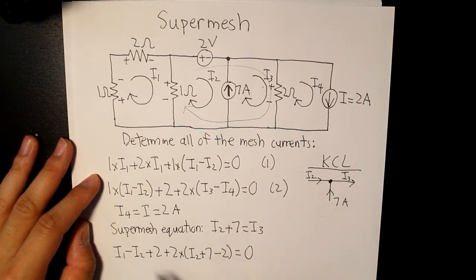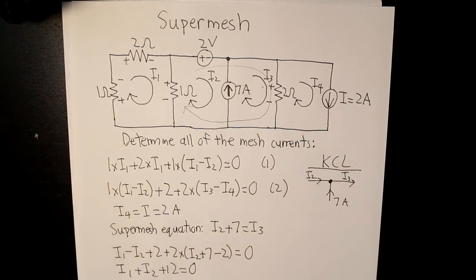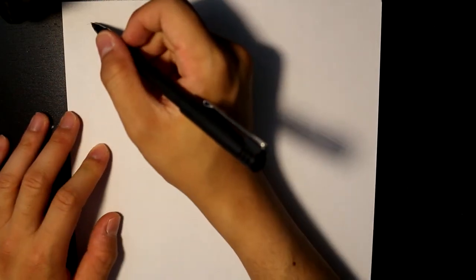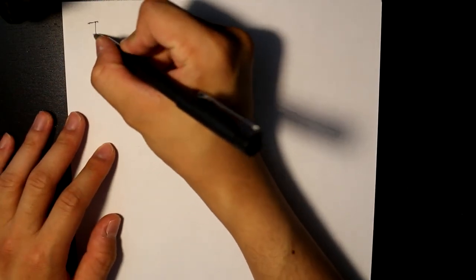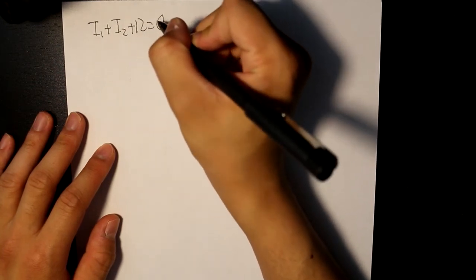And then when we factor all of these out and simplify them, we get I1 plus I2 plus 12 is equal to 0. Now our new second equation would be I1 plus I2 plus 12 is equal to 0.